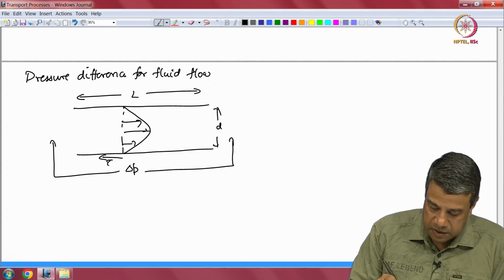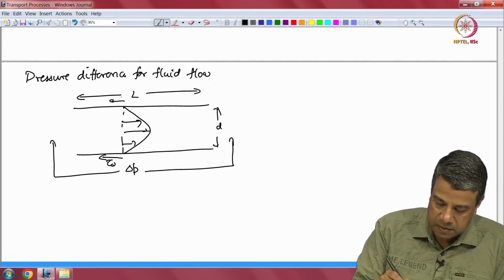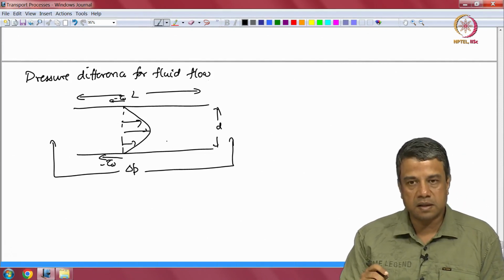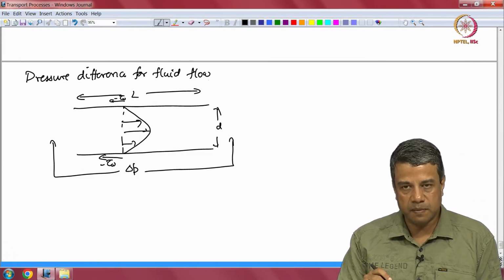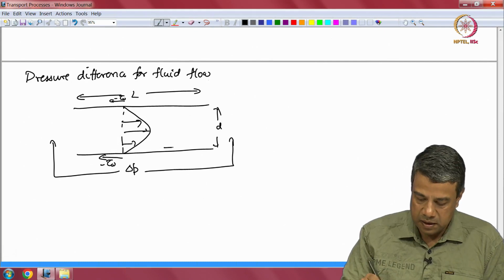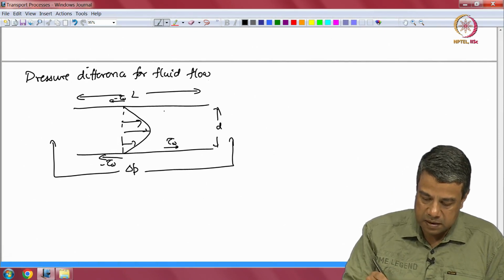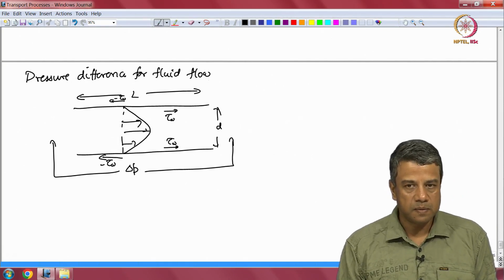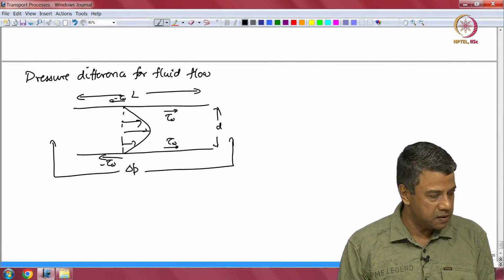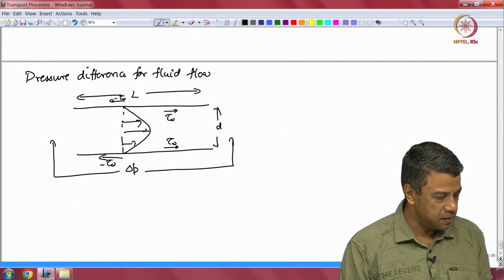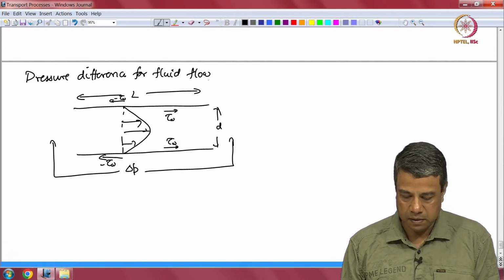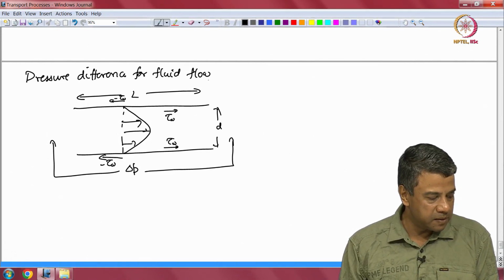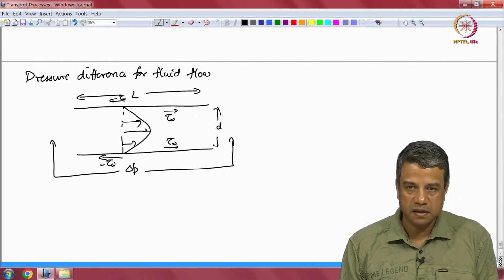As it is flowing, the fluid exerts a stress in the downstream direction, and there is an equal and opposite force exerted in the upstream direction on the fluid.